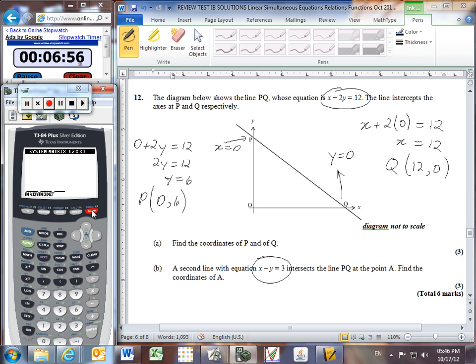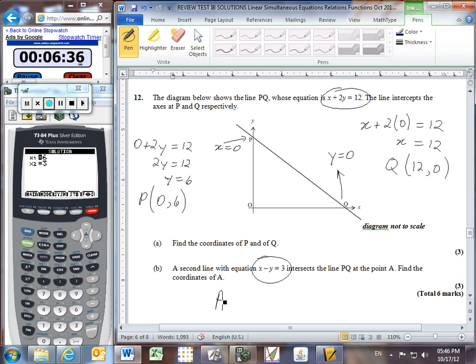And so we'll put in the coefficients of the first equation, 1, 2, 12. And we'll put in the coefficients of the second one, 1, negative 1, 3. And then we'll press the solve button, and it tells us that the x value for point A is 6, and the y value is 3.